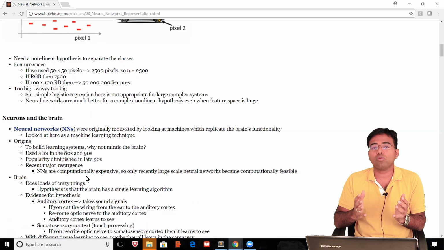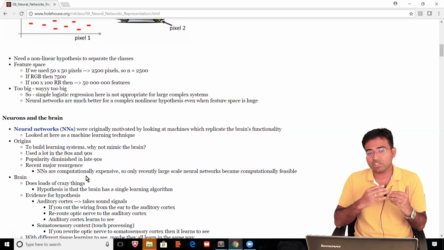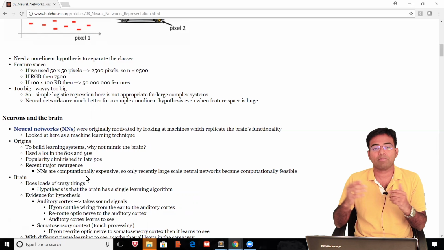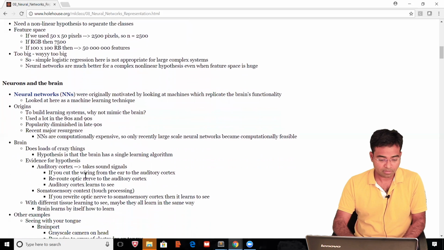How important computation power was for the recent development can be seen by the number of research papers that came out in the last 5 to 7 years. Now that computation power is cheap and really available for researchers, we can see an explosion in this area, at least in research.